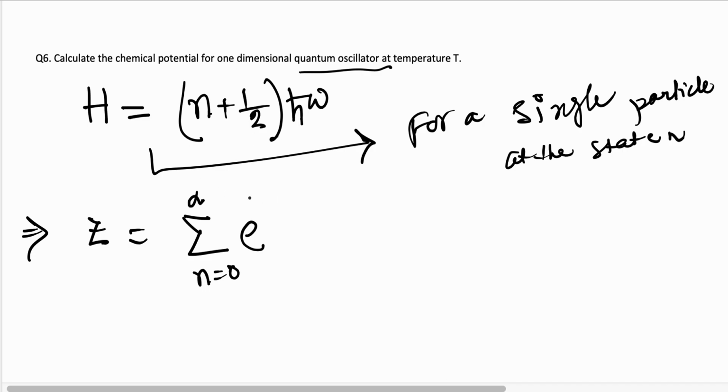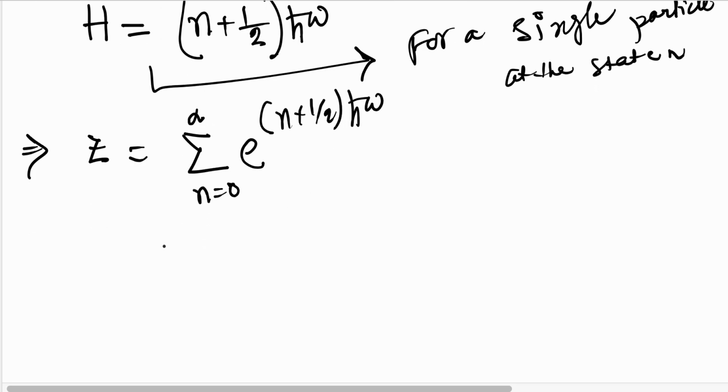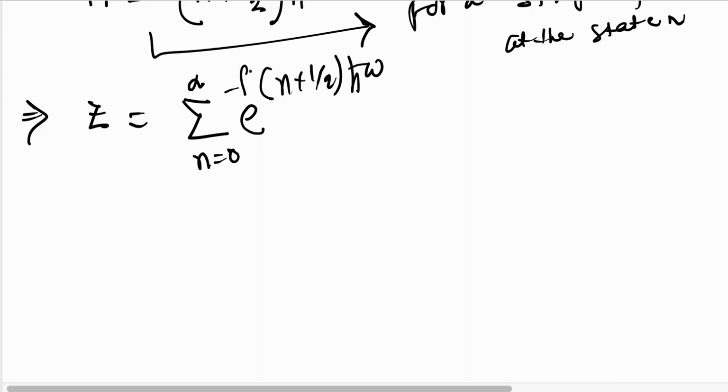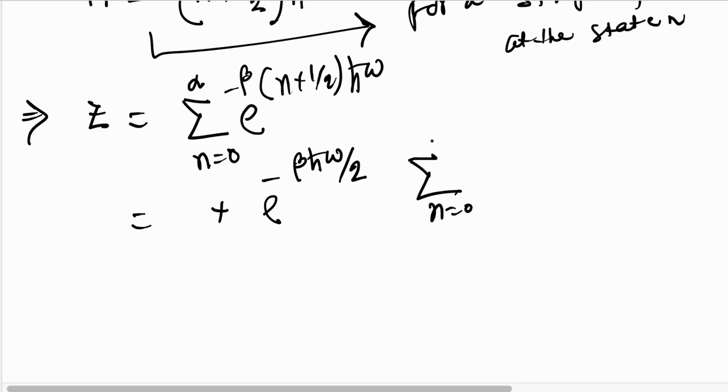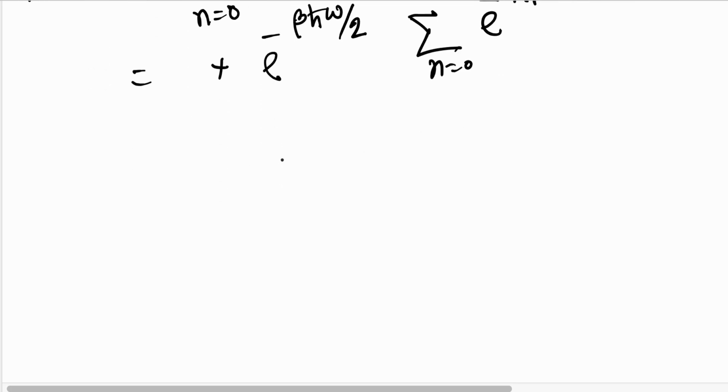So the total partition function will be e to the power minus beta ħω/2 times the sum over n equal to 0 to infinity of e to the power minus n beta ħω.